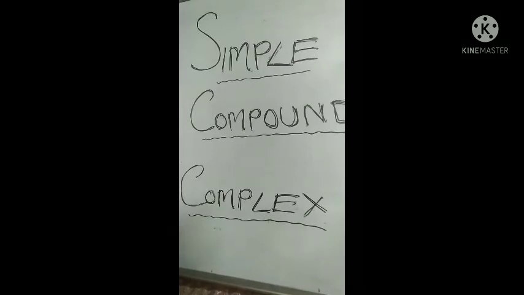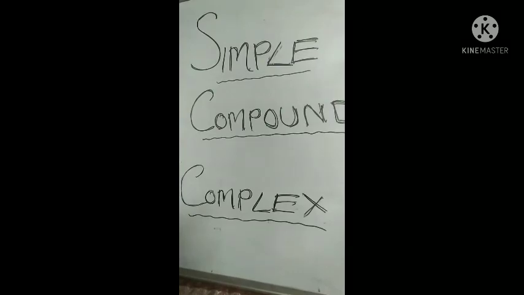If you want to convert from simple to compound, suppose "the sun having risen, the fog disappeared." How can you convert it into a compound sentence? You can bring "and": the sun rose and the fog disappeared. Why is it "rose," the past tense of rise? Because in the simple sentence there is "disappeared," the past form, the second form of the verb.